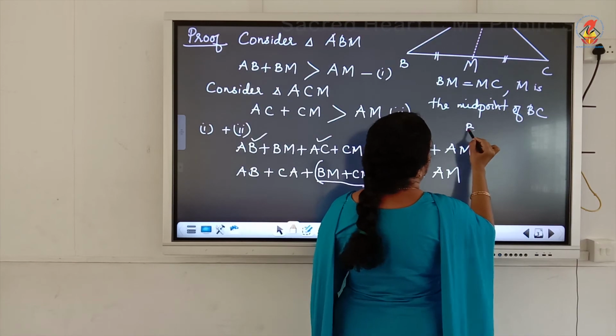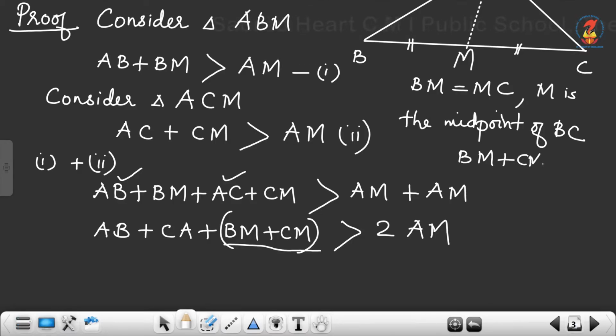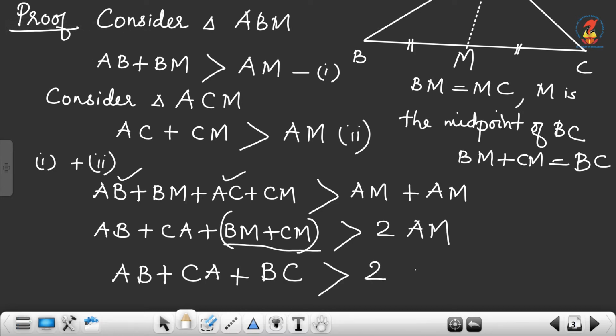BM plus CM, what will you get? You will get the line segment BC. BM plus CM is equal to BC. Therefore, AB plus CA plus BM plus CM is same as BC. We can write as BC, which is greater than 2 times AM.